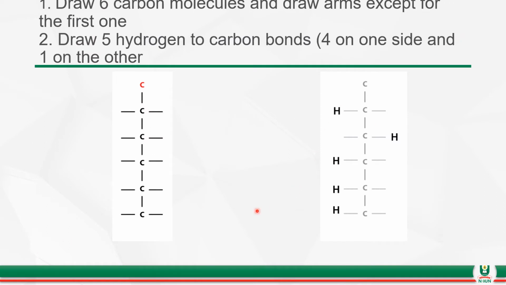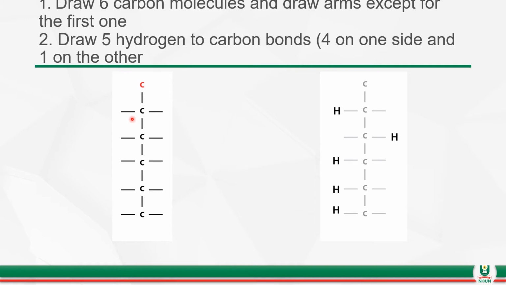So let's see how to draw this glucose. The first thing we do is to draw the chain of carbon. You can see we have 6 carbon atoms joined together in a chain-like structure. And when we draw this, for each carbon, you give it wings to fly. Let's call it wings to fly, because these wings are bonds that will contain the hydrogen atom and hydroxyl group we mentioned.